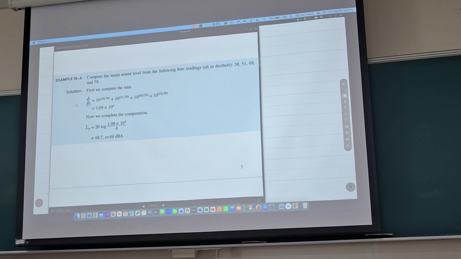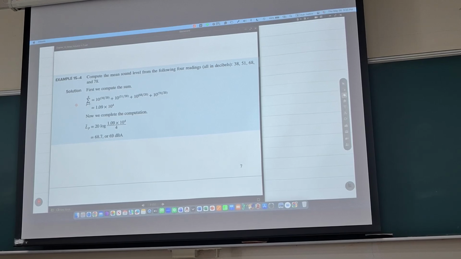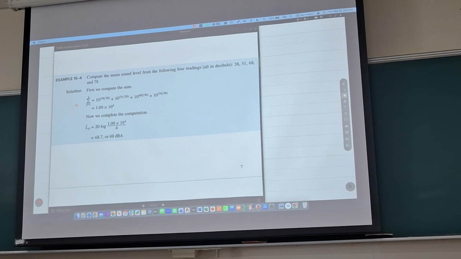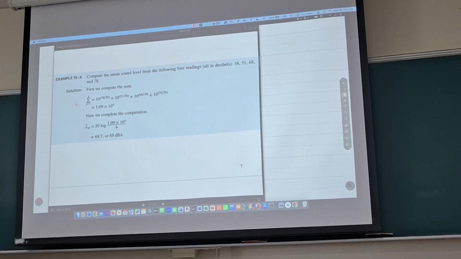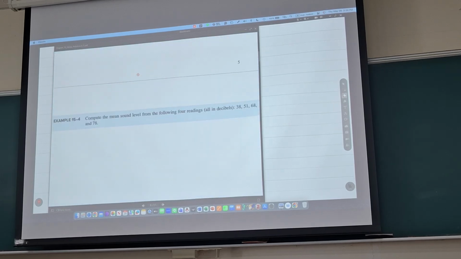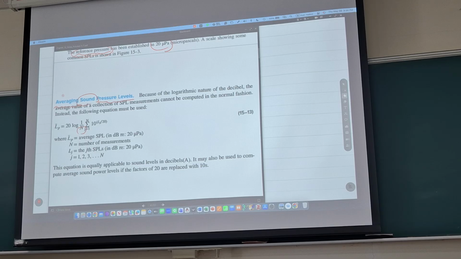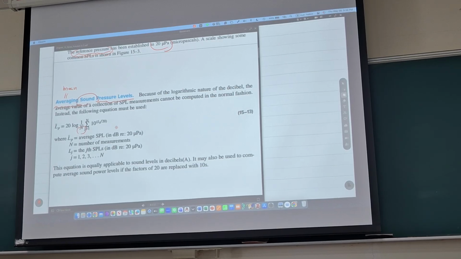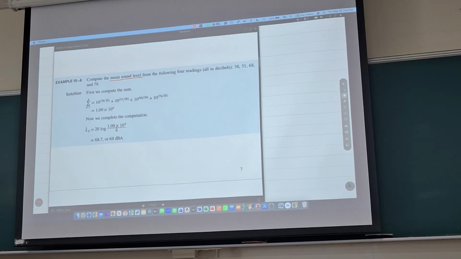Okay, this is from the textbook. Compute means calculate. Calculate the mean sound level here. Averaging means mean, and mean means average.